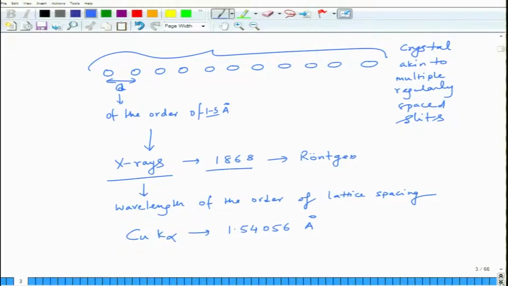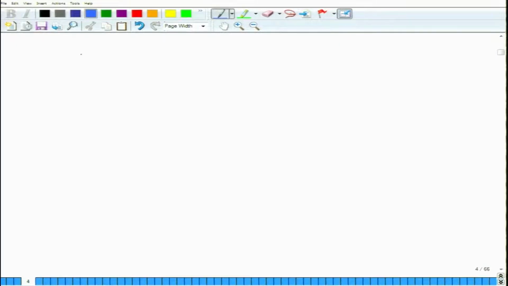So, a lot of work was done in the early 1900s. In 1912, von Laue discovered X-ray diffraction from crystals.